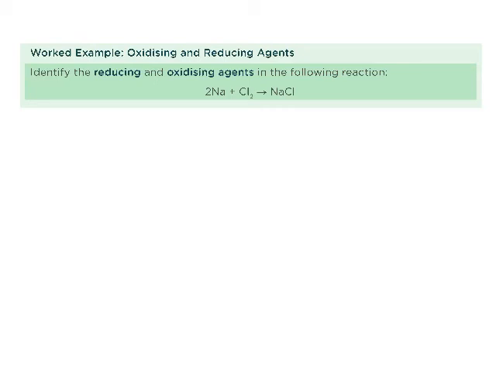Before we can start, we have to identify whether things are being oxidized or reduced. So here we can see the sodium is going from an oxidation number of 0 to an oxidation number of +1. So that's the sodium.